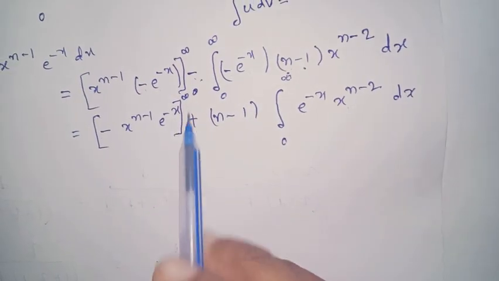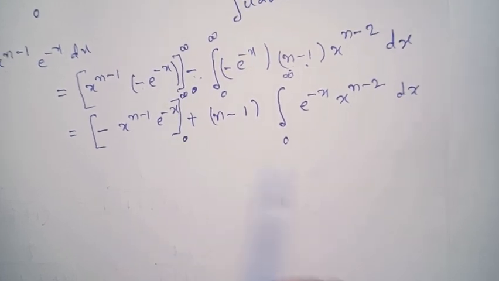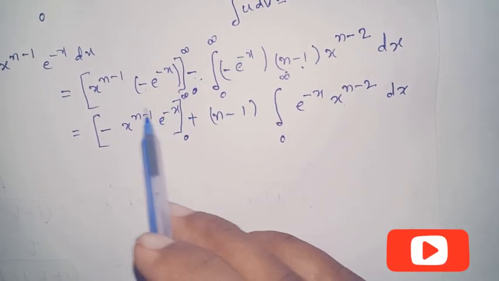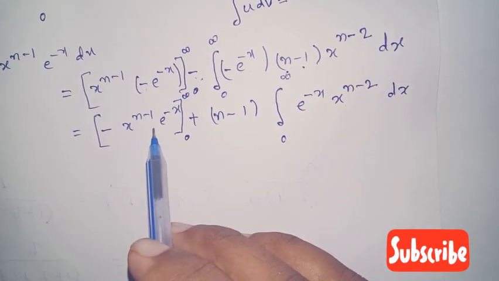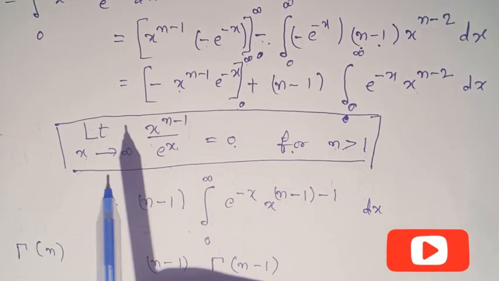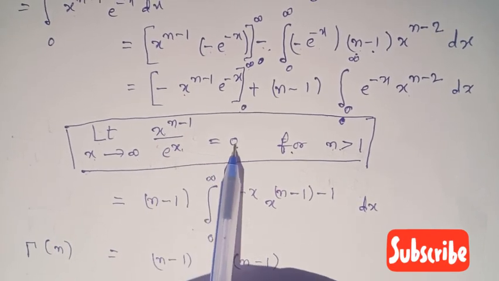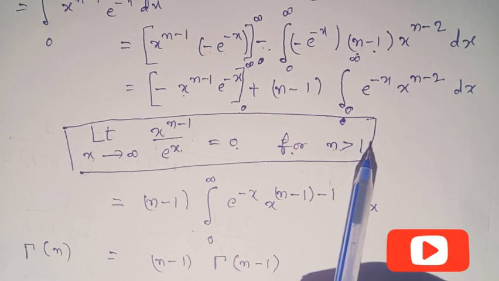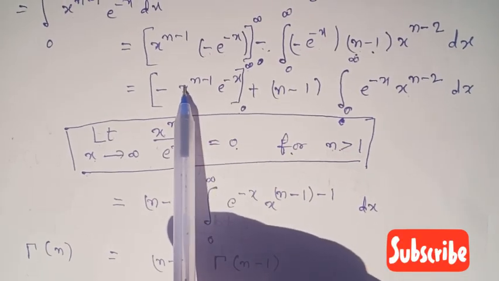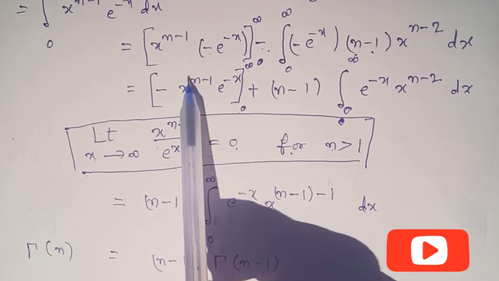Now apply the limits 0 and infinity in this function. If we replace x with infinity, actually we have to use a formula here. What is the formula? This is the formula: limit as x tends to infinity of x power of n minus 1 by e power of x equals 0 for n greater than 0. Therefore, as x tends to infinity, this term tends to 0.